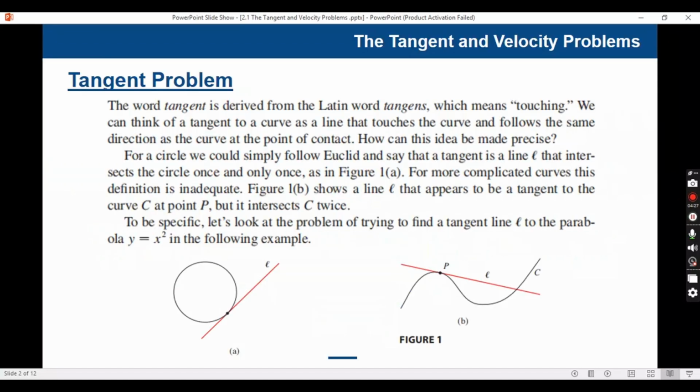Okay, so let's see what we have. We're going to start with the tangent problem. The word tangent is derived from the Latin word tangens, which means touching, right?